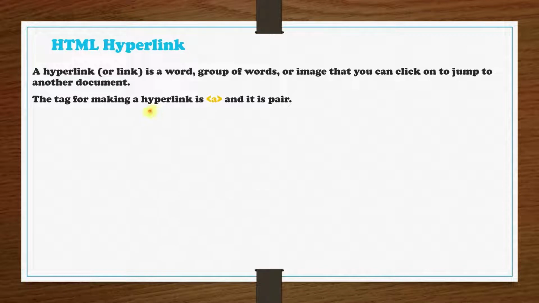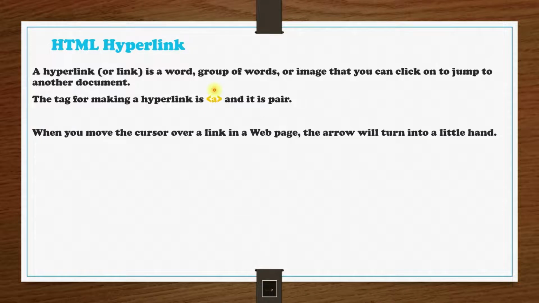Okay, always we can make an HTML hyperlink by the a tag. This a tag is taken from the word anchor and is always a pair. When you move the cursor over a link in a web page, the arrow will turn into a little hand.